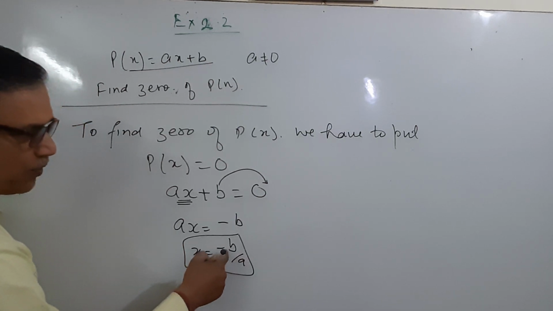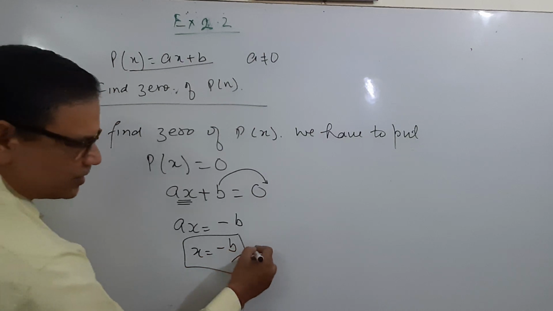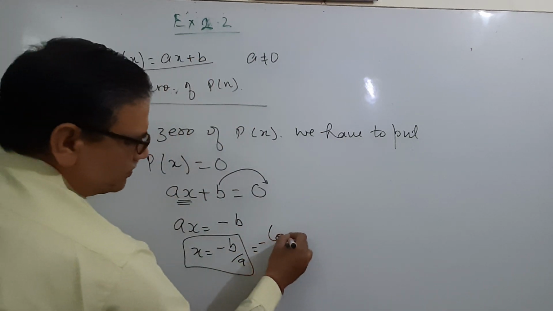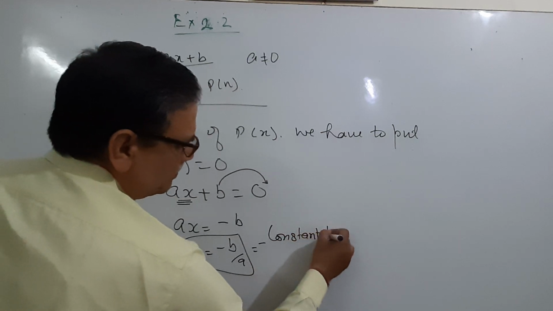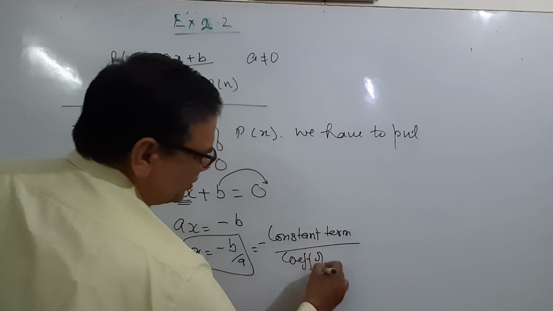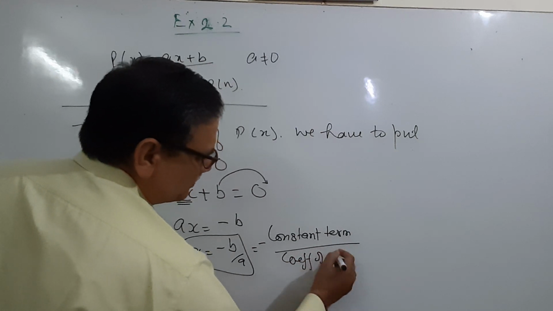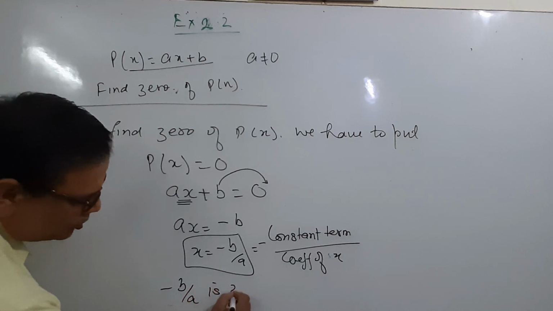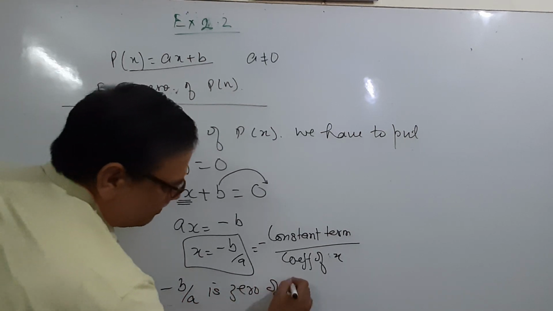This is minus b upon a, which is minus, what is b? The constant term, upon the coefficient of which one? The coefficient of x. This minus b upon a is the zero of p(x).